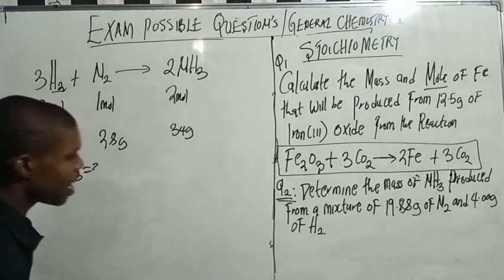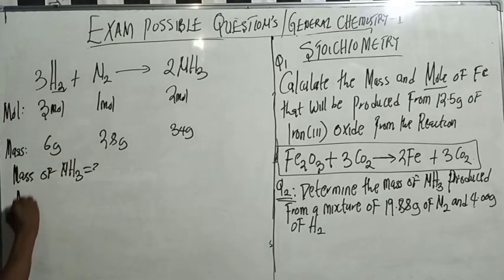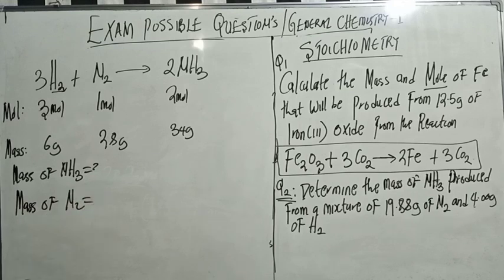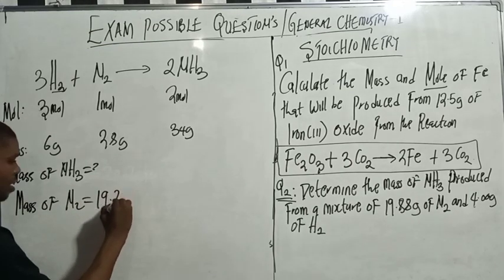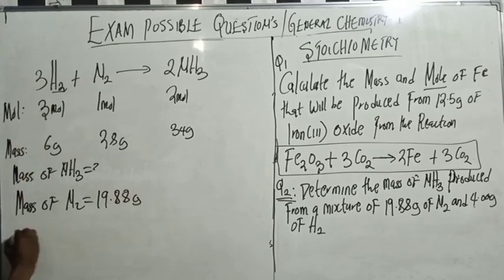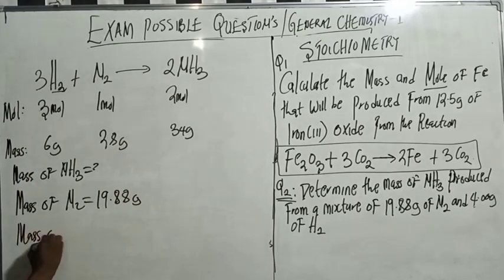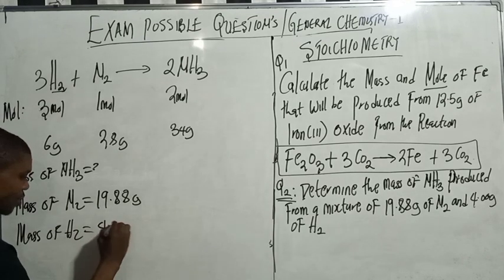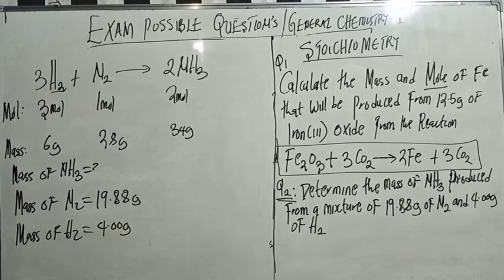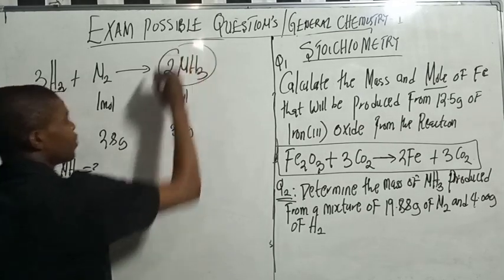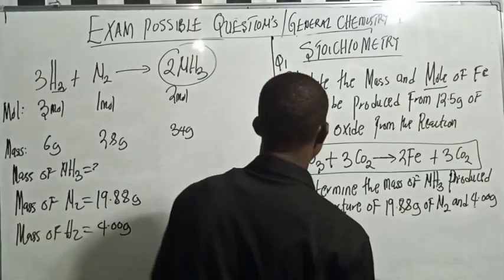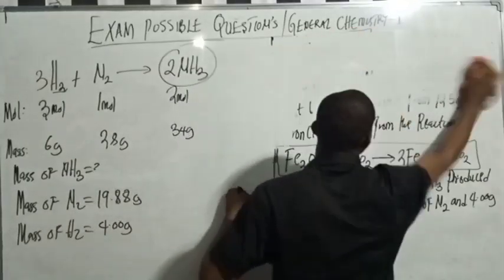So now the mass of N2 given to me is 19.88 gram. Then the mass of H2 here is 4.00 gram, right? So the goal here is to look for the mass of NH3 produced, right? So I want to wipe out this place here because it is no longer needed.